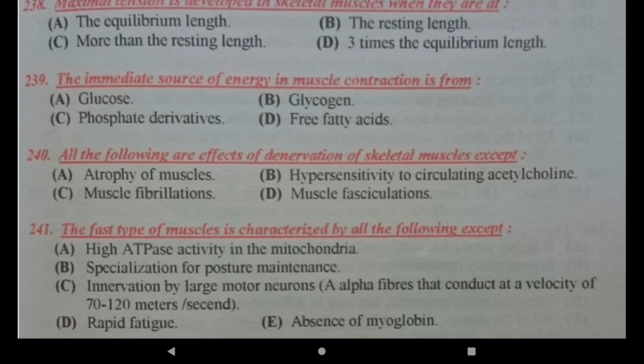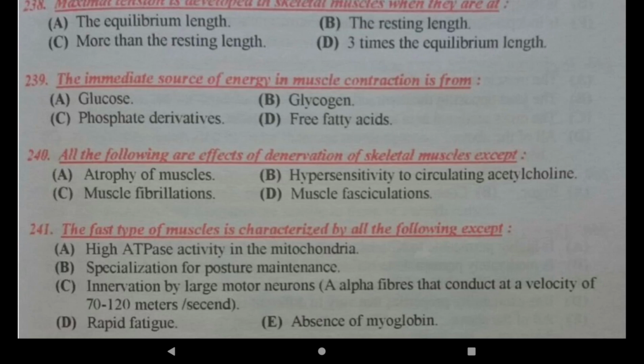The correct answer there is D, muscle fasciculation. It is not true that when you denervate a muscle, it can form new fascicles. Instead, it loses the fibrils. So, muscle fibrillation is correct.